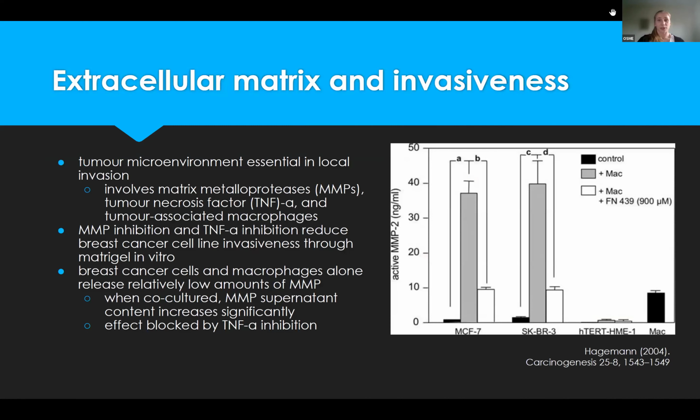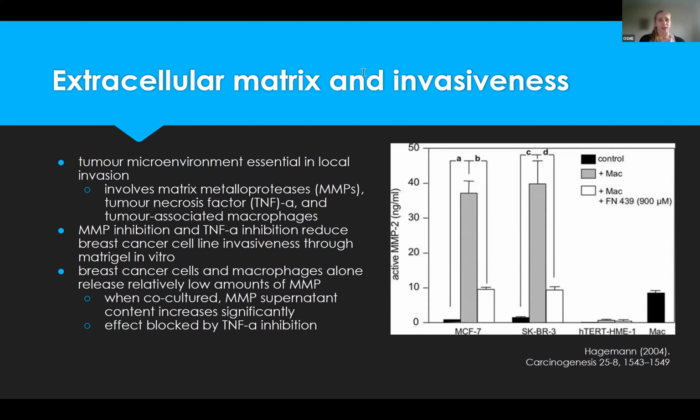So just to move on to the next one, I've included a few experiments that I hope you would be able to use in your essays if you want to include some experimental evidence. And this one I think is quite interesting, because it gives you some evidence for involvement of not only the tumor cells themselves, but also of the microenvironment around the tumor cells.